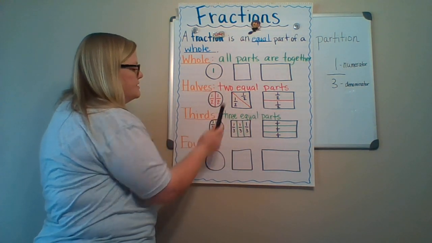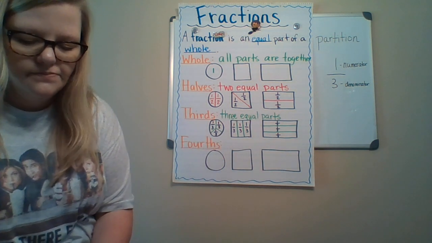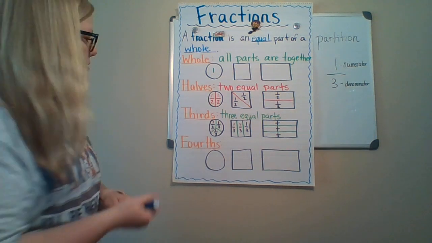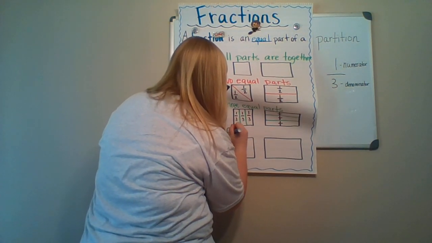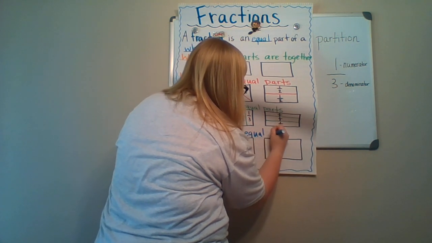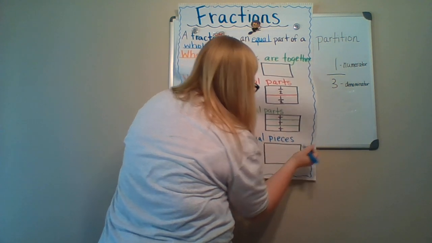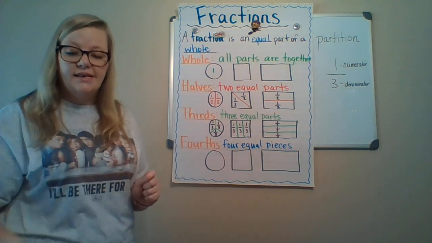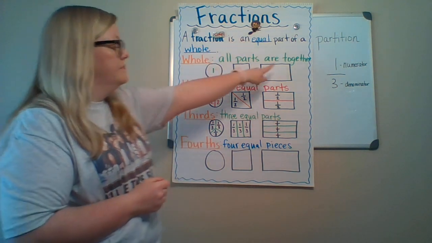And the last one that we're going to do today, if this one was 1 whole piece, this one is 2 pieces, this one is 3 pieces, fourths is going to be, I'm sure you guessed it, 4 equal pieces. So now what we have to do is we have to partition.